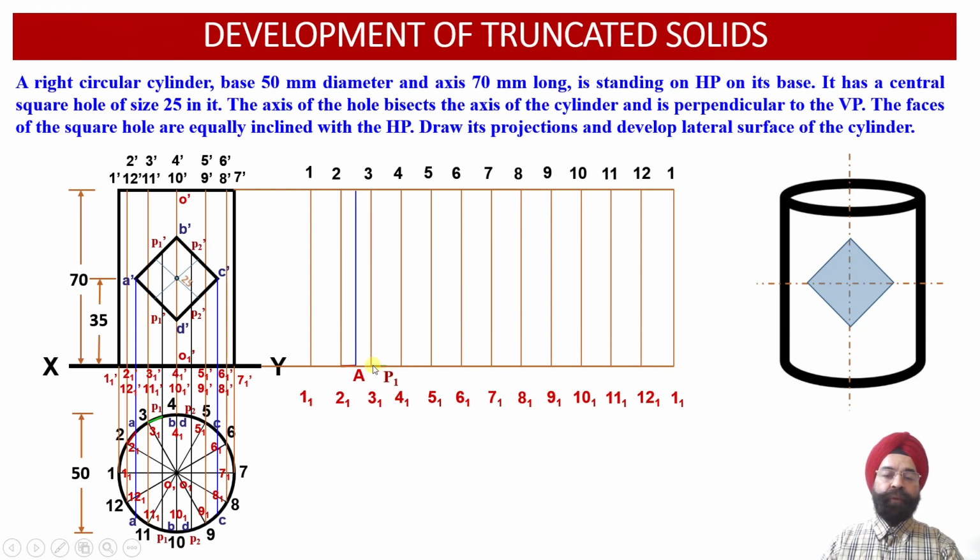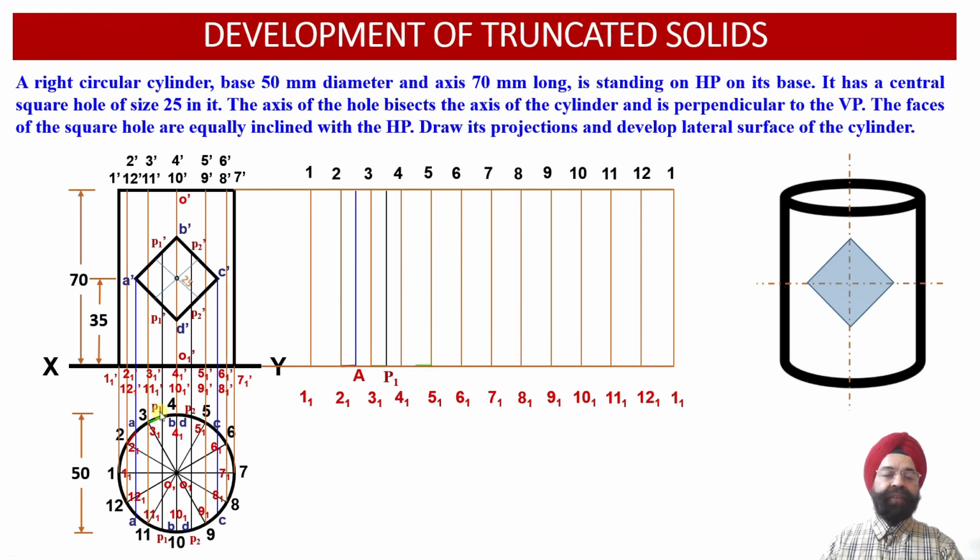At the same distance, a black vertical projector has been drawn over here. Corresponding to points P1 and P2, we are using black color projectors. Corresponding to corner points A and C, we are going to use the blue color projectors. So point A and P1 have been located corresponding to the rear face of this particular cylinder.